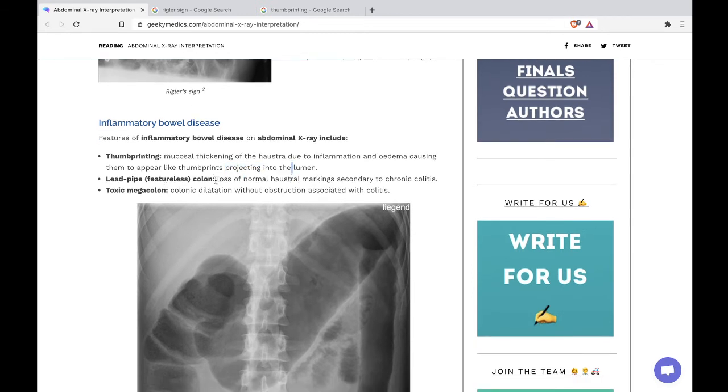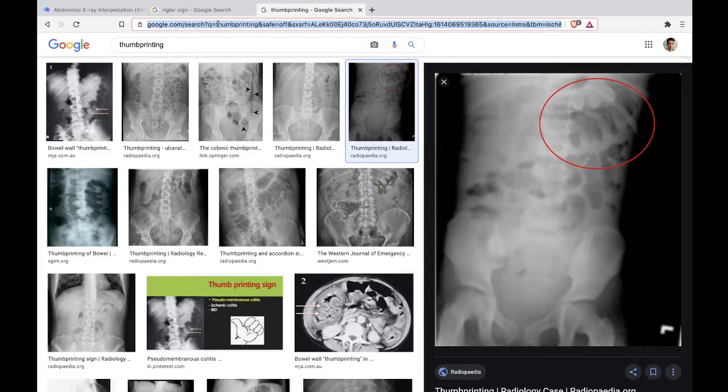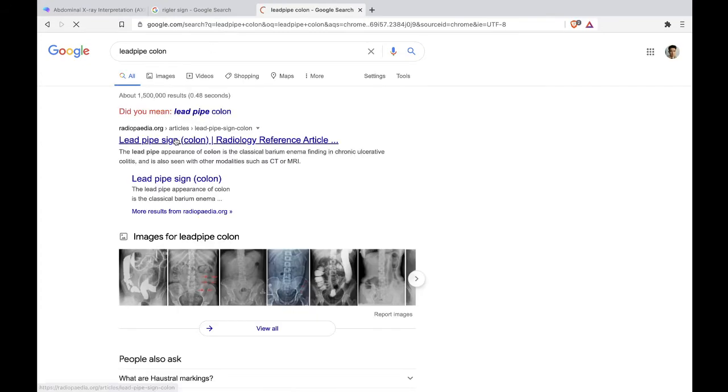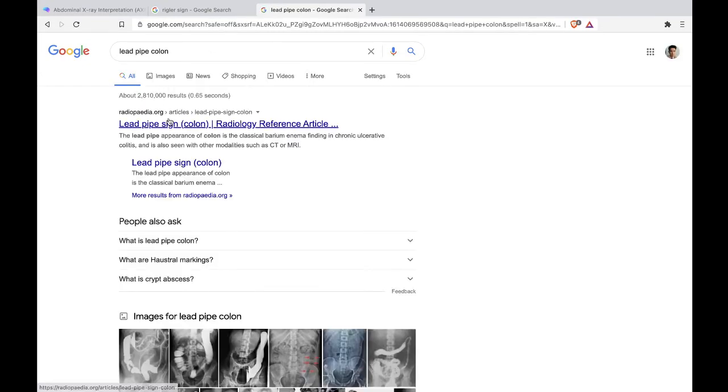Lead pipe featureless colon is of ulcerative colitis. Loss of normal haustra markings secondary to chronic colitis. I think it's ulcerative colitis. Let's have a quick Google search. Lead pipe colon: barium enema finding in chronic ulcerative colitis.